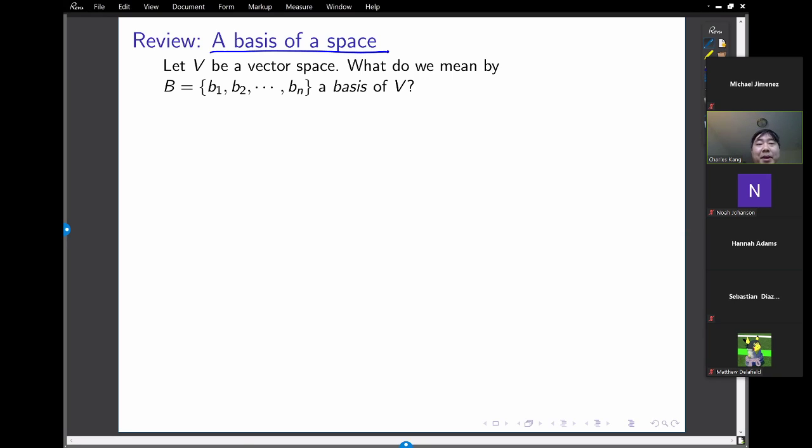Okay, and then a basis of a space. Let V be a vector space. What do we mean by B, a basis of V? We need two conditions for a set to be a basis of a vector space. Anyone?